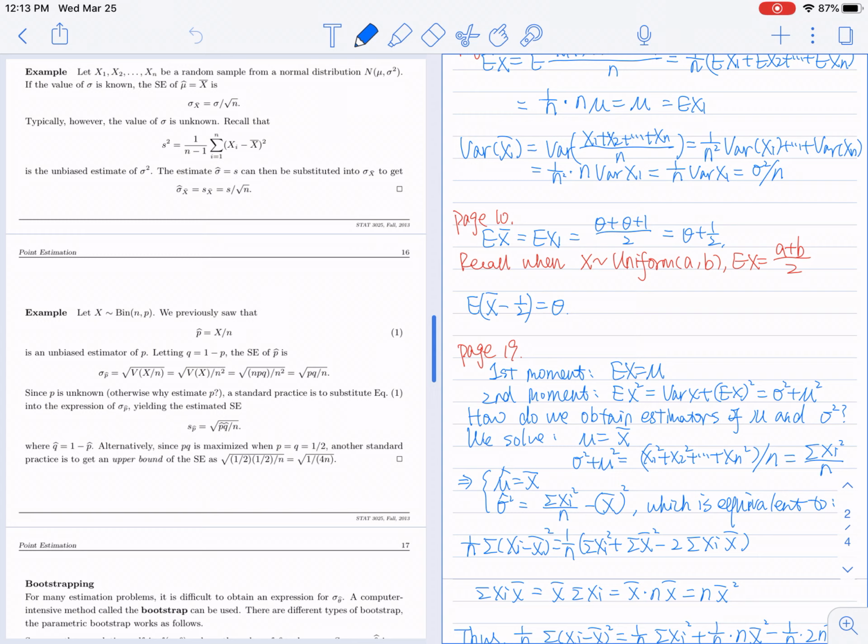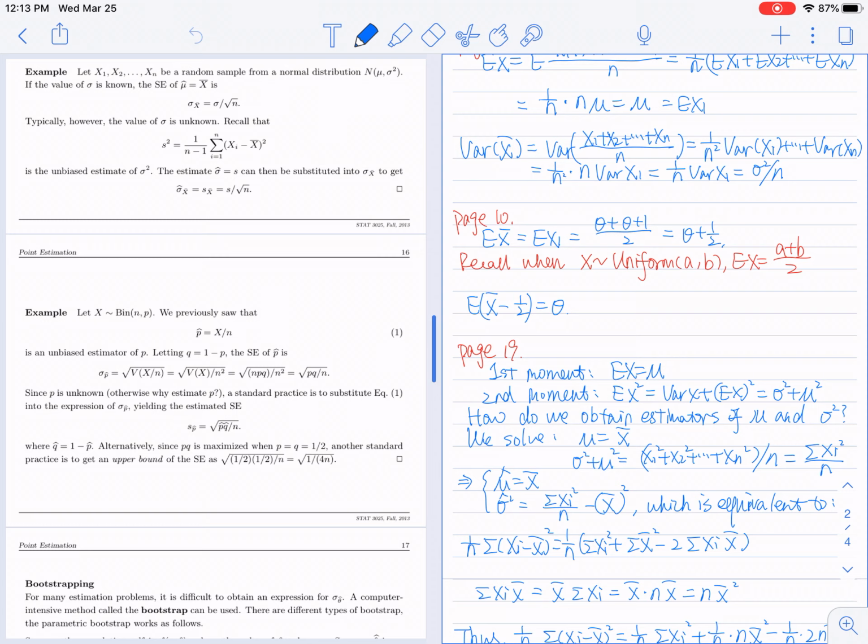So the standard error of p hat is equal to the square root of the variance of p hat. And the variance of p hat is the variance of x divided by n squared. And the variance of x will be equal to n times p times q. This is a property that we talked about in the previous lectures when we learned the binomial distribution.